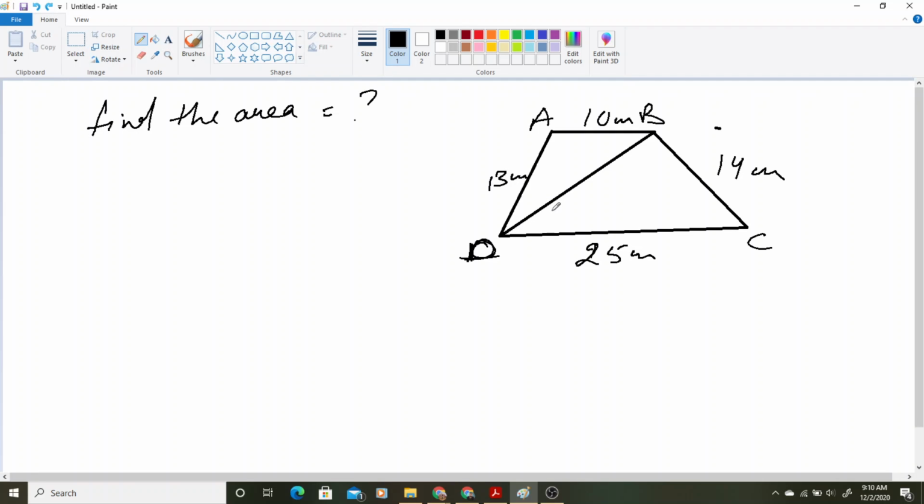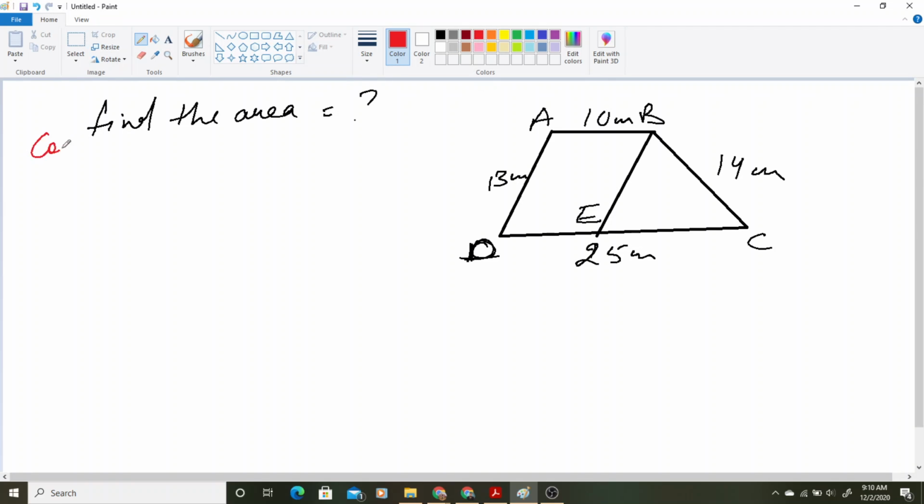So instead of joining this BD, what we will be doing, we will draw a parallel line. It is parallel to AD, exactly parallel to AD. So if I take this point as E, I am drawing BE parallel to AD.